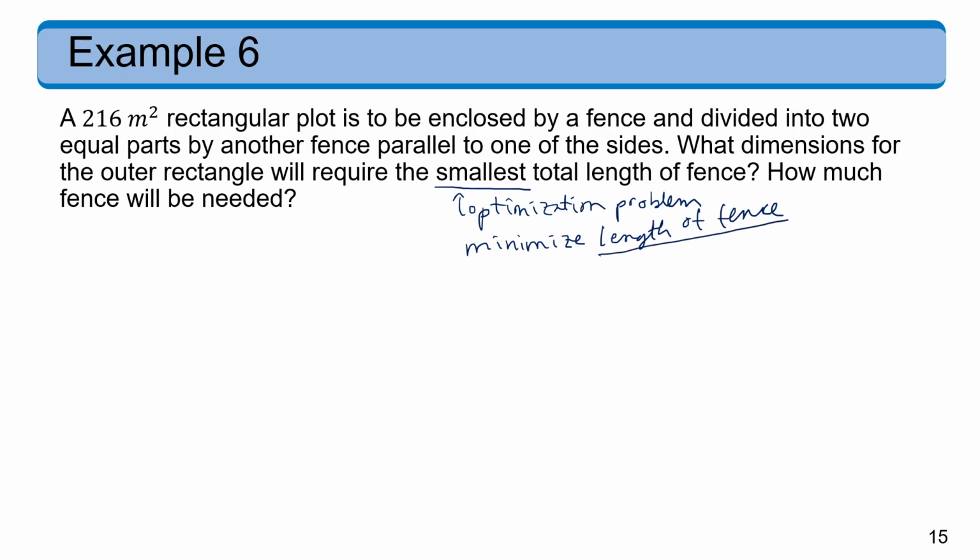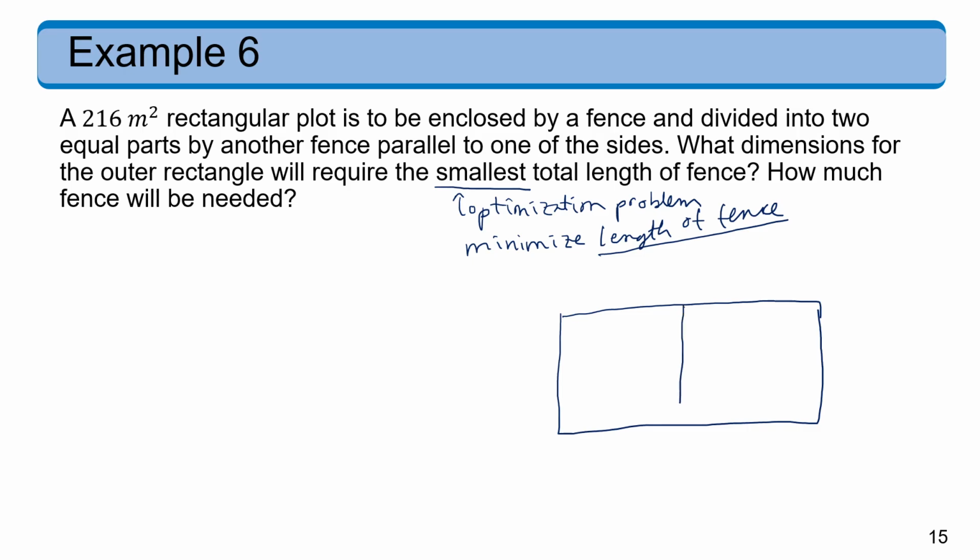Let's go ahead and make a picture of what they've described here. So we're making a rectangular plot, and it's going to be divided into 2 equal parts. So we could either put it at the midpoint this way or the midpoint this way, but for the picture it doesn't matter, right?